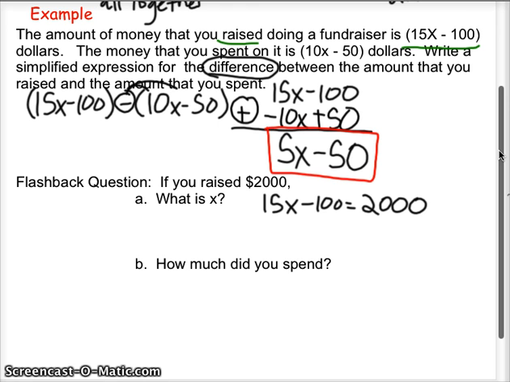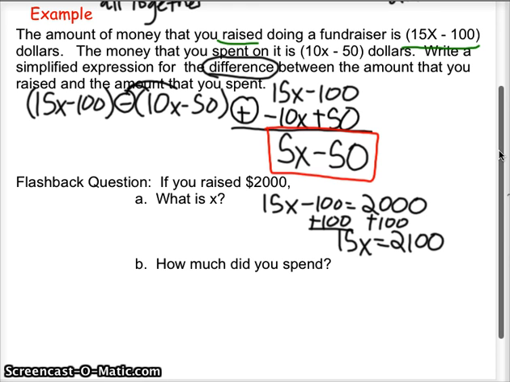All right, so I'm going to add 100 to both sides. So that leaves us with 15x equals 2,100. Now again, my x is being multiplied by 15. So how do I undo multiplication? I need to divide.